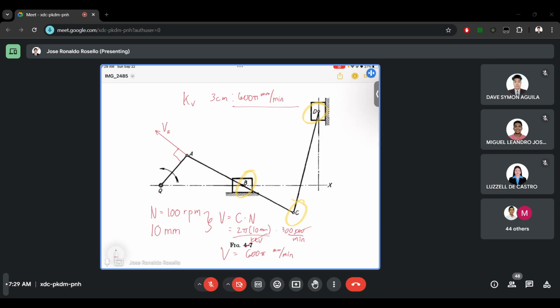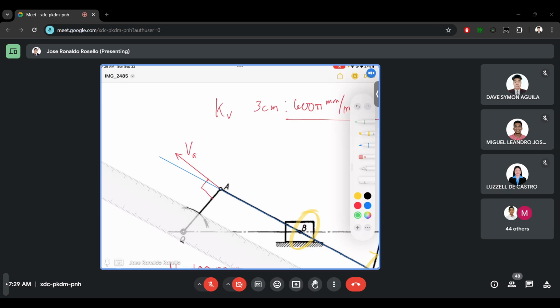So we have to get this to determine the velocity at point B. So to determine the velocity at point B, let's make a line, connect A, B, and C. And make components of the vector.